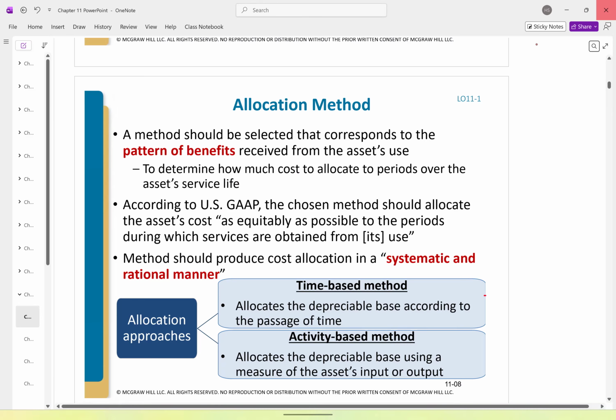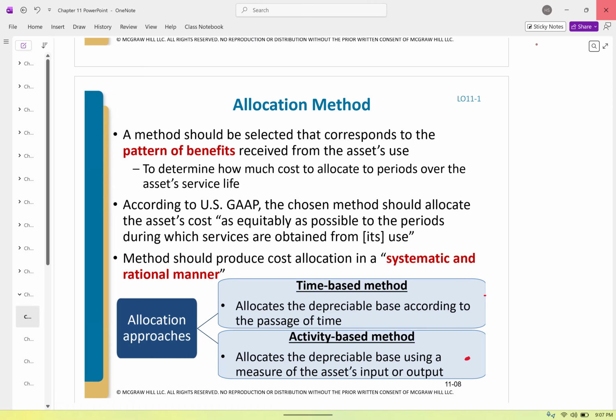Time based or activity based. Pretty much everything when it comes to natural resources is going to be activity based, sort of like units of production, but the units might be acres of trees, barrels of oil, tons of ore, things like that. That is how they would measure the base.